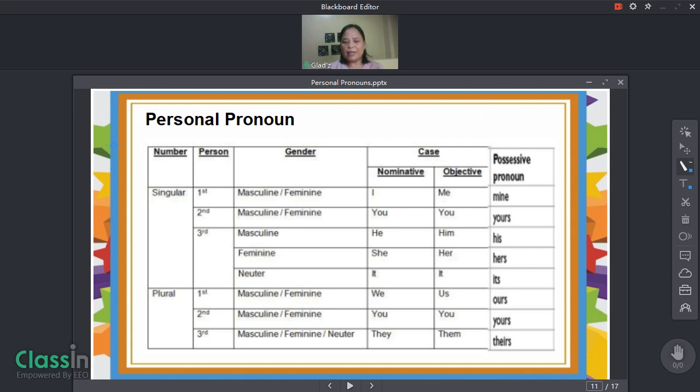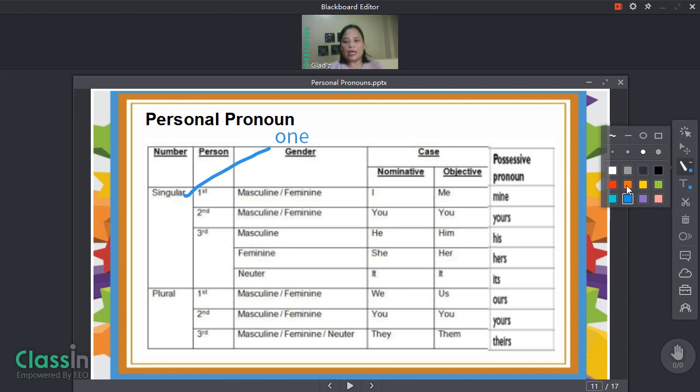Again, number: we have the singular and then the plural. Under this column, all of these are singular, referring to only one.